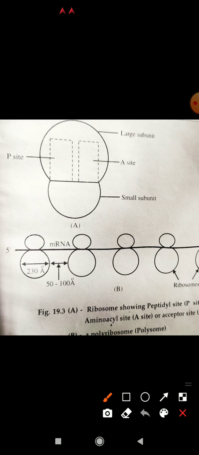So this is the growing end of the polypeptide chain. Now related with the A site, the aminoacyl tRNA binding site. This is the peptidyl tRNA binding site. The aminoacyl tRNA binding site holds the incoming tRNA which is charged with amino acid, which is carrying an amino acid. So it will come here at this site first.